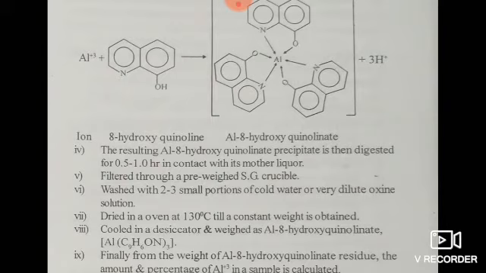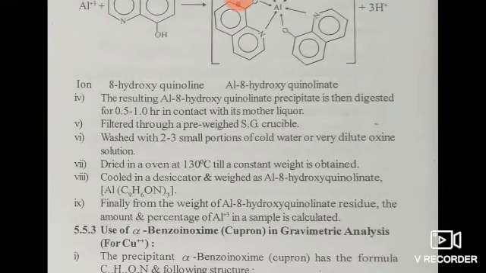Al 8-hydroxyquinolinate precipitate is then digested for 0.5 to 1 hour in contact with the mother liquor, filtered through the weighed silica crucible or sintered glass crucible, washed with 2-3 small portions of cold water or very dilute reagent solution, dried in an oven at 130 degrees Celsius till a constant weight is obtained, cooled in a desiccator and weighed as Al 8-hydroxyquinolinate.